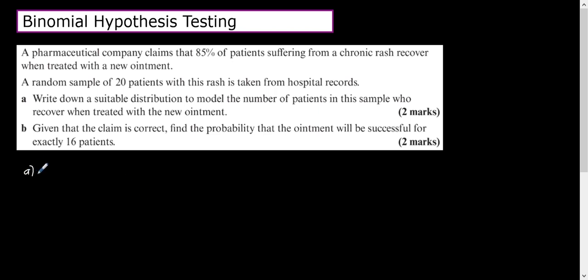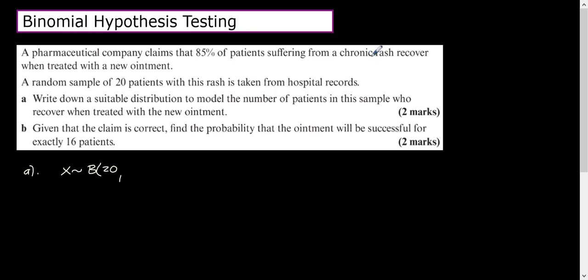We know that this is going to be a binomial distribution, so we'll use X, and we've got B for binomial. We know that it's binomial because we have a number of patients. We have a sample of 20 patients. That's a number of trials, and the probability of success is this 85%. 85% of patients recover.